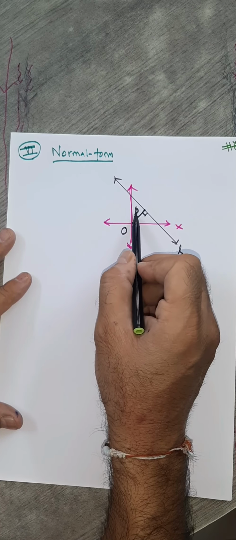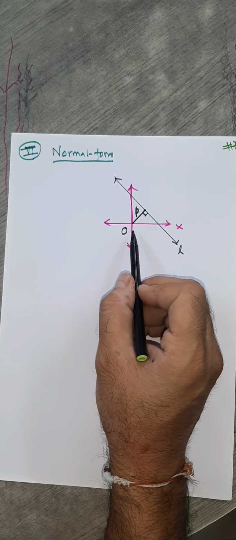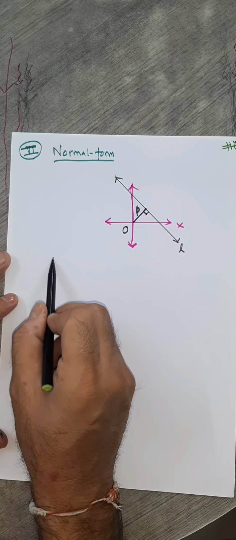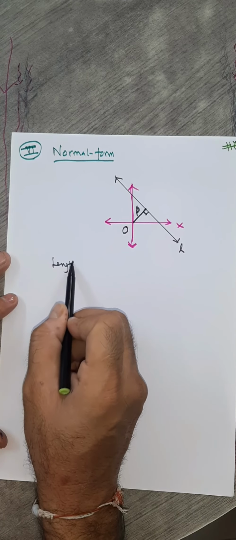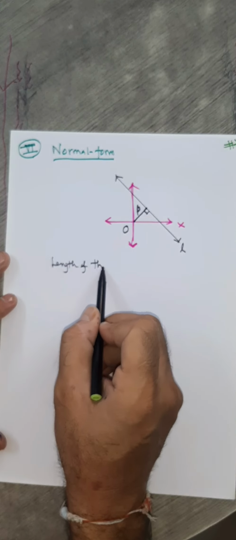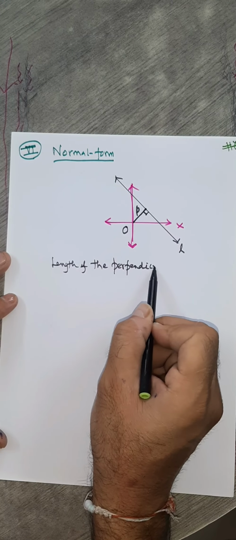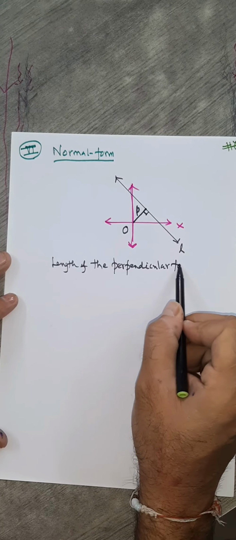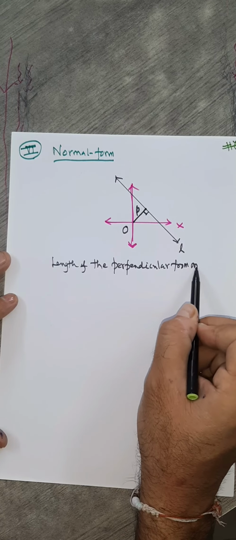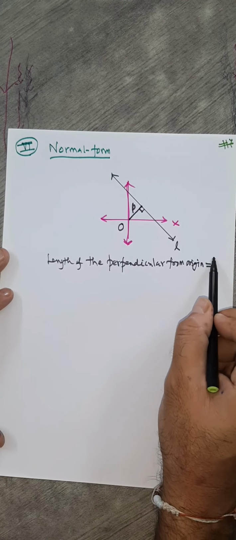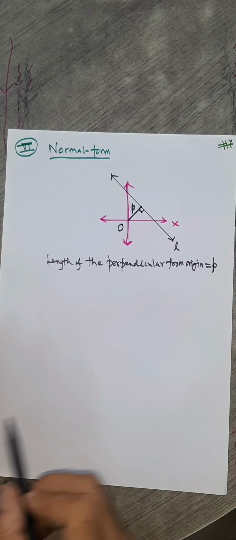So in any question, if you are given the length of the perpendicular from the origin, what is given to you here? Length of the perpendicular from origin. Perpendicular from where is it drawn? Perpendicular from origin. If you read any question about the length of the perpendicular from the origin, which is small p, that's given to you.